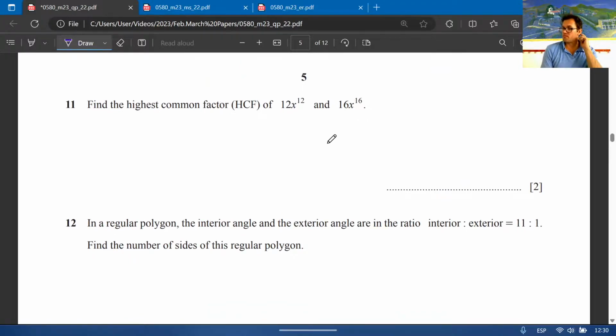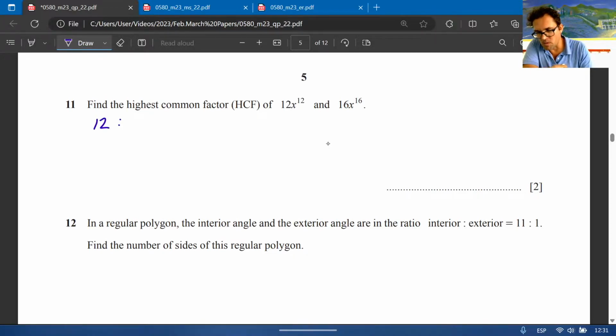Question 11. Find the highest common factor of 12x to the power of 12 and 16x to the power of 16. The highest number that can divide into both numbers. I mean, 12 and 16 is not that hard.